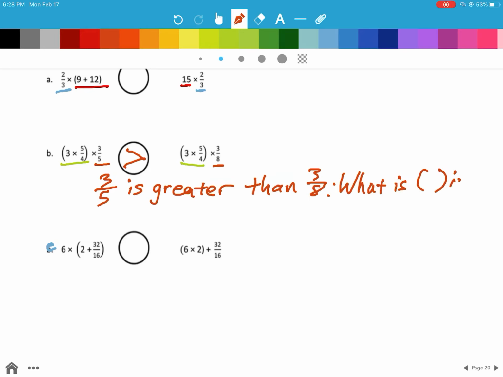What is in parentheses is the same. Okay? So again, on this last one, you've got to be careful because it has addition inside of the parentheses, which means you have to do the addition first.